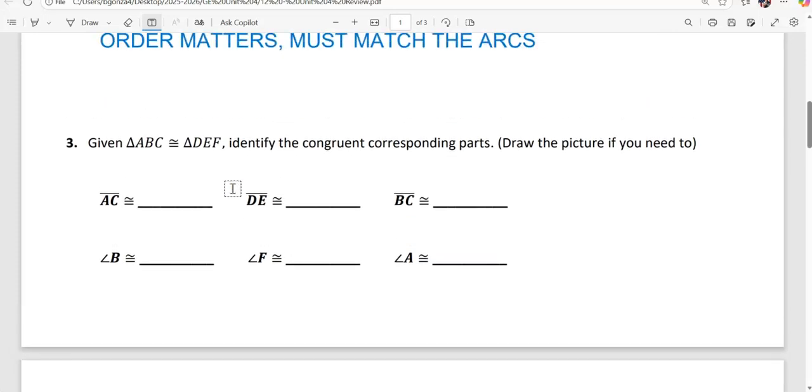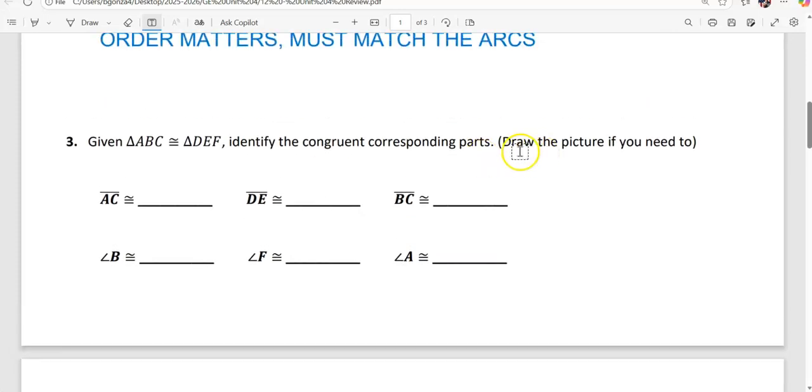Okay, number 3. Now look, you can draw a picture if you need to, but you don't need to draw a picture, okay? AC, first third is DF. DE, 1, 2, is AB. BC, second third, EF, second third.